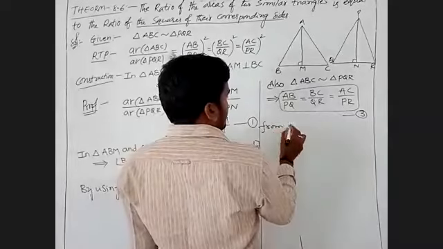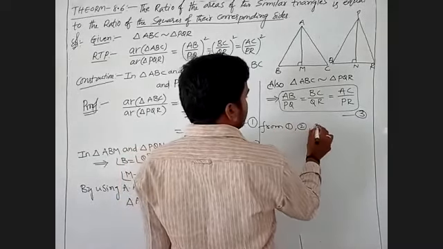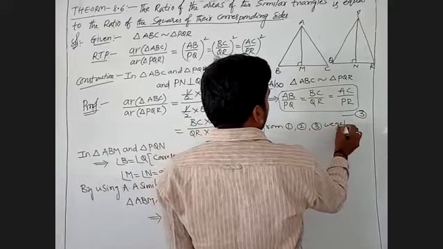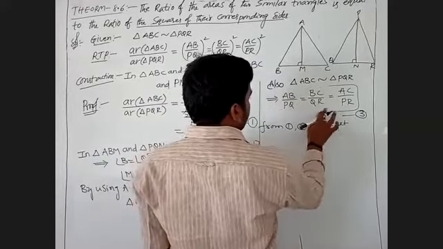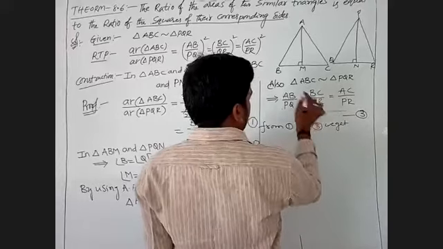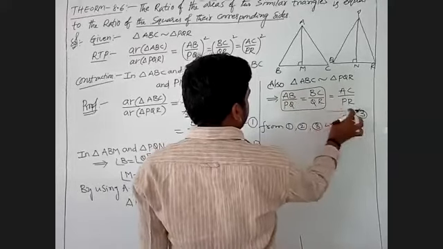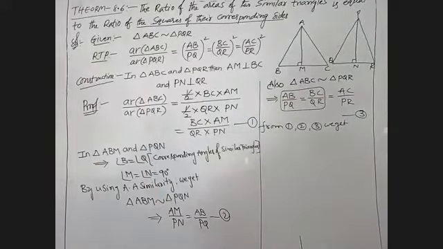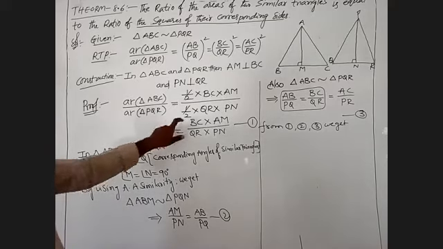From 1, 2, 3, we have to equate in these two only. From 1, 2, 3, what I have to write: we will take AB by PQ and substitute in this one.